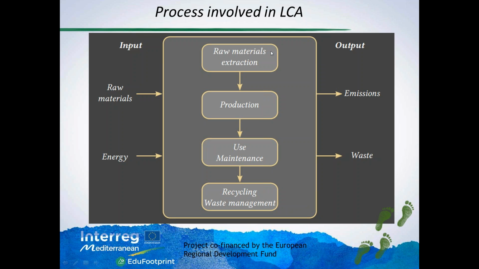The processes are raw materials extraction, then there is a production phase, the production of a typical product, then there is the use and maintenance phase, and the end of life, recycling and waste management. All these phases produce outputs to the environment, which are emissions and waste.